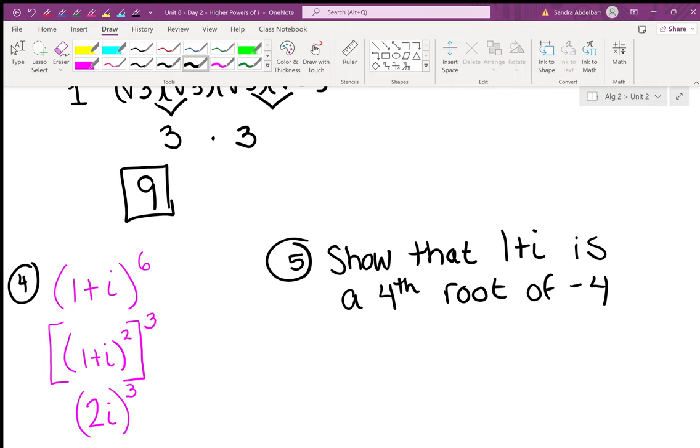Okay, what does that mean? I need us to show that 1 + i is a fourth root of negative 4.